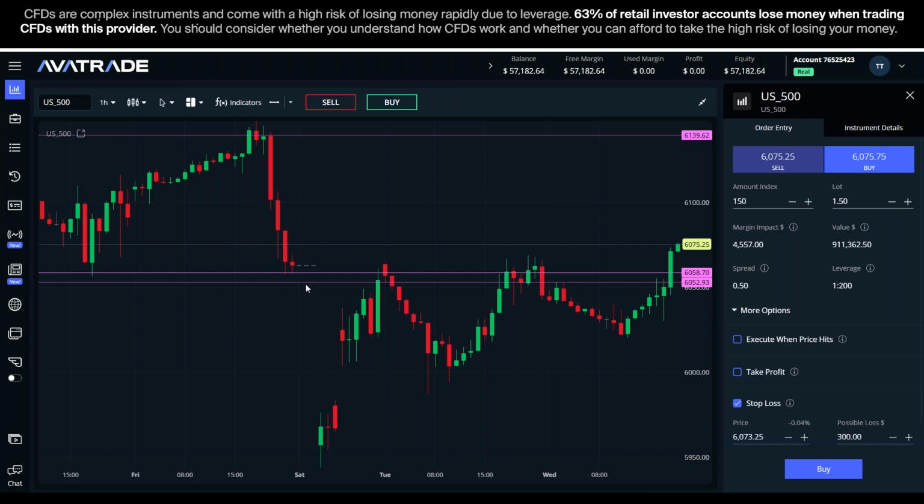If it enters the gap, it might fill the gap all the way back down. That means there must have been something that shook the markets again if it re-enters this gap and breaks the support level. So 60.52, 60.53, something like that is back into that gap. So 60.53, let's say.